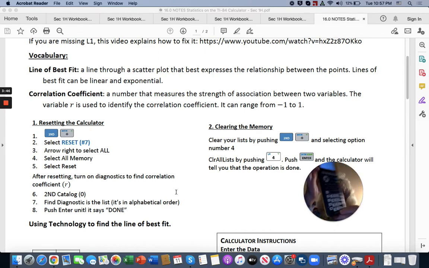It's in alphabetical order. So we have A there, and we're going to scroll down. Keep scrolling until we get to the D's. Okay, now we're to degree, so it's quite a ways down.